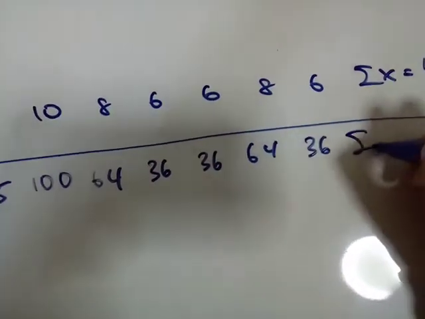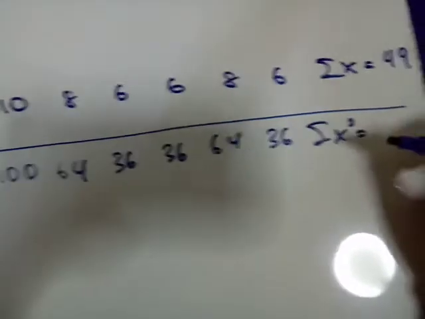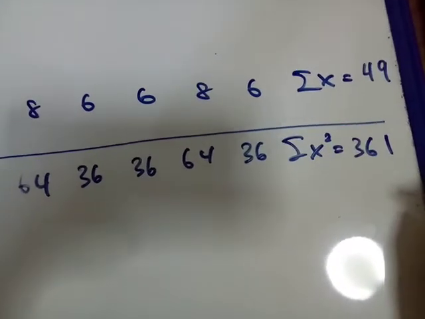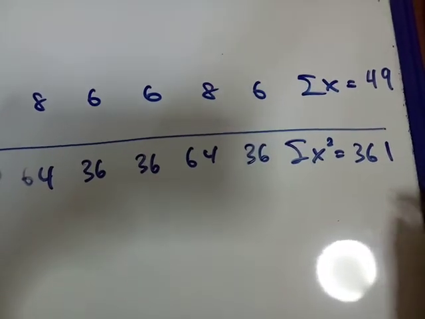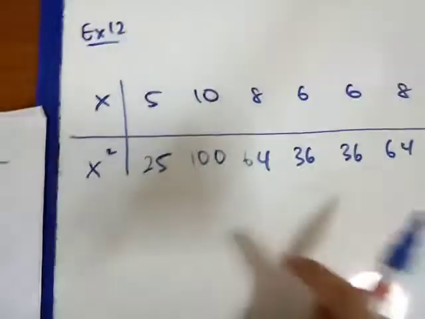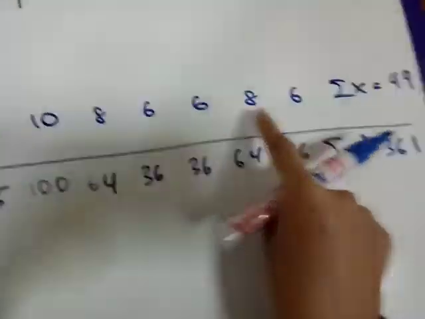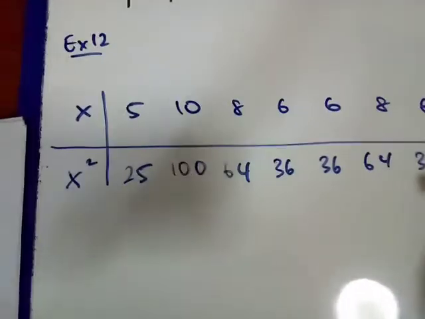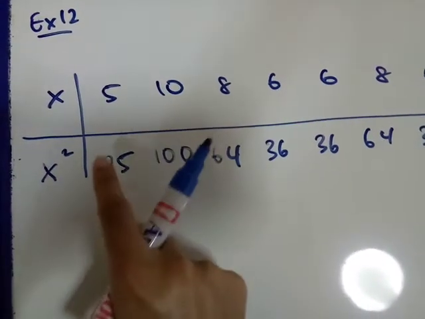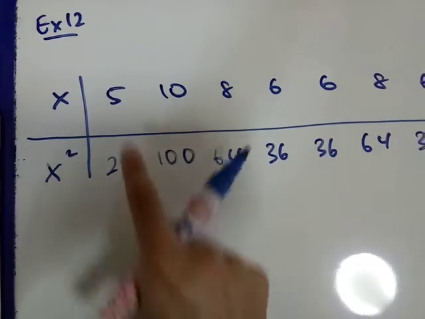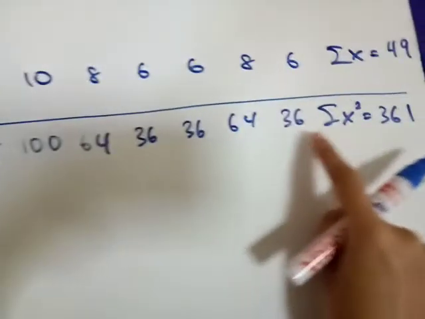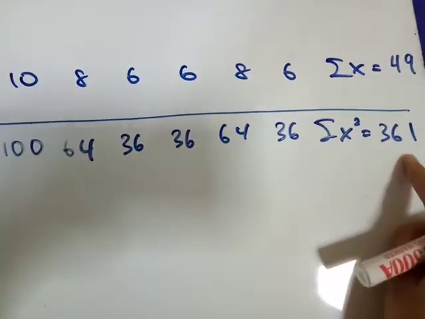So total X square, you calculate, you will get 361. Understand? This is the second step. First step, you total up the sum of X, and you get 49. Second step, you square each value of X: 5 square gets 25, 10 square 100, and so on. Then you total up, and you will get 361.